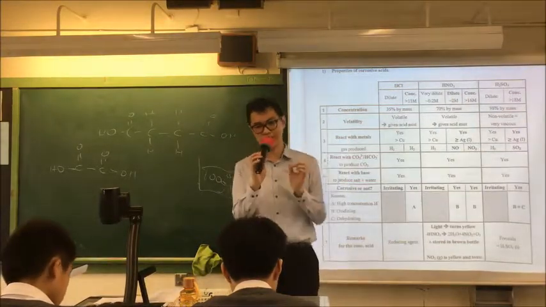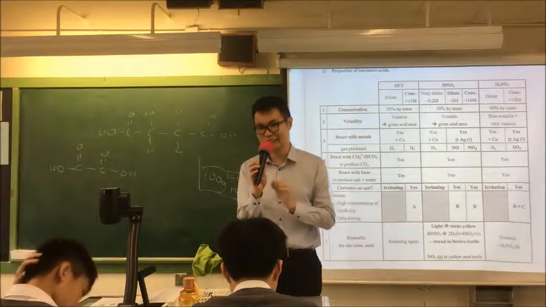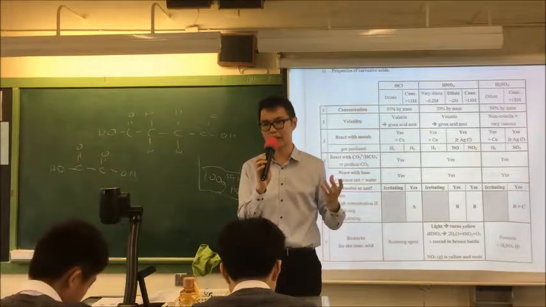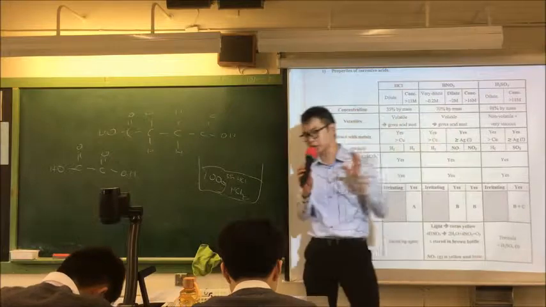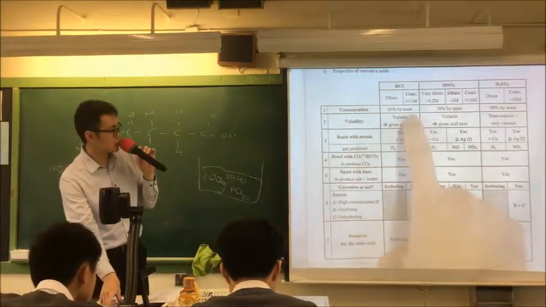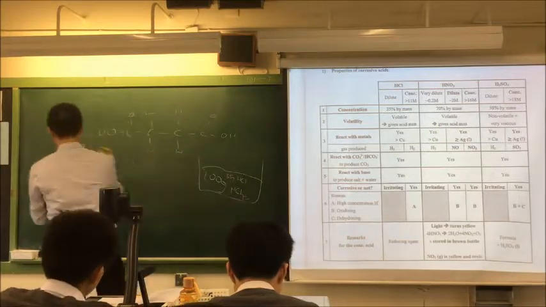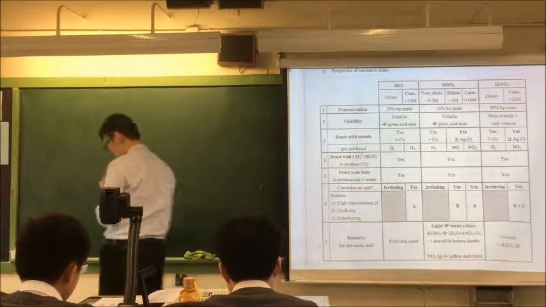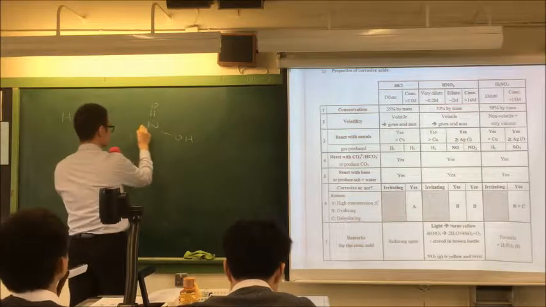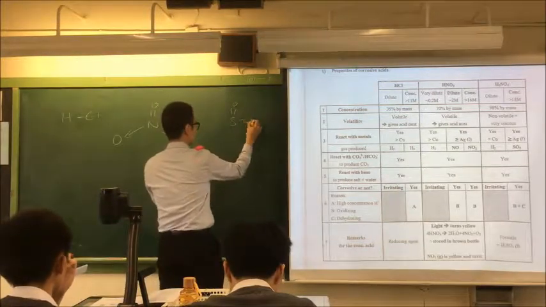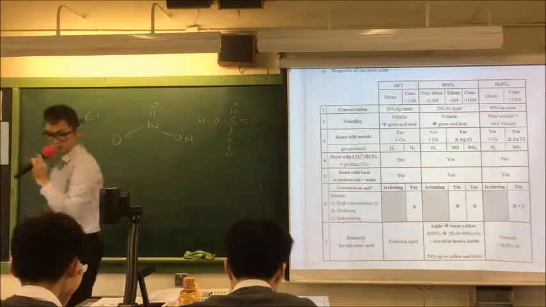It is a unit of concentration in chemistry. The definition is the number of moles in 1 liter of solution. We will talk about this in chapter 15, where it will be used for calculations. You don't need to know it now, just know that there are different concentrations. So for these two, HCl and HNO3, I will draw the structures for you, but you don't need to copy them.